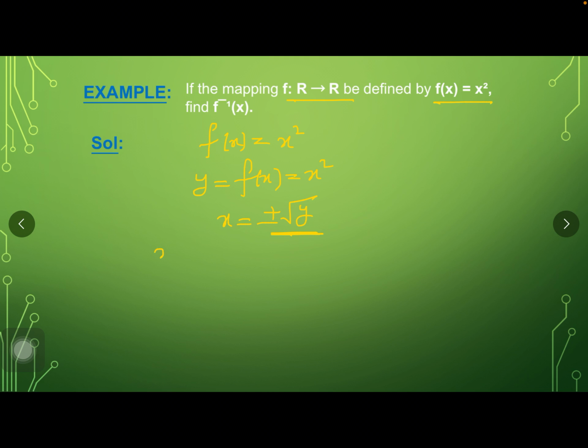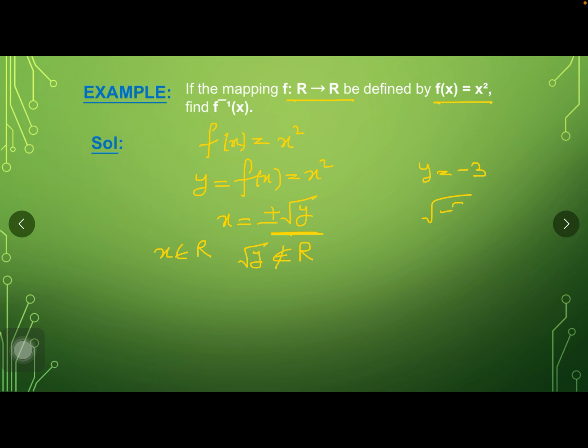And what is the definition of inverse? That it must be 1-1 and onto, right? But here we get x equals plus minus root y, and this shows that this is not onto. Why? Because our x belongs to the real numbers, but square root of y is not surely a real number.